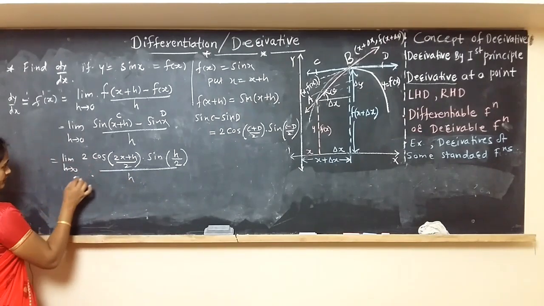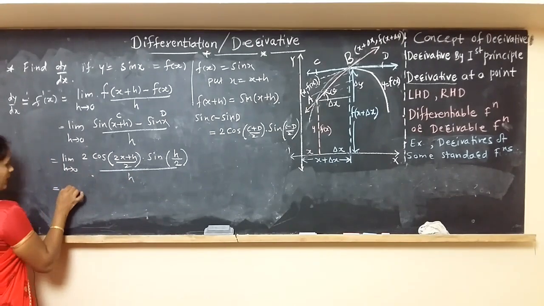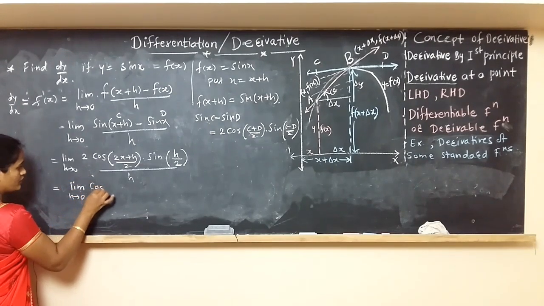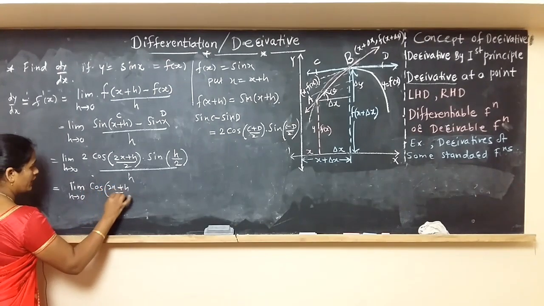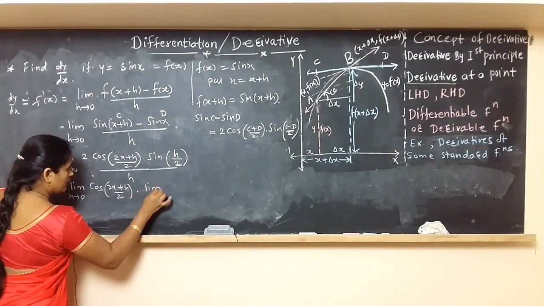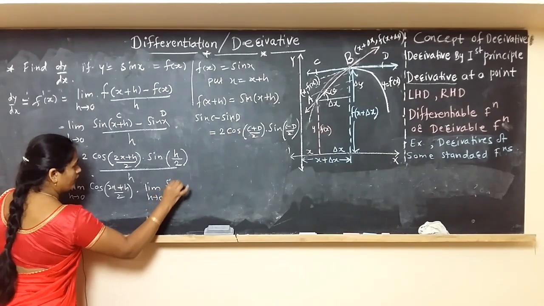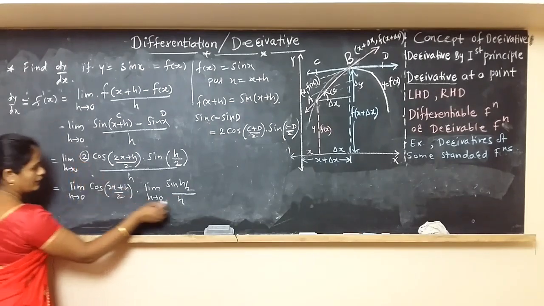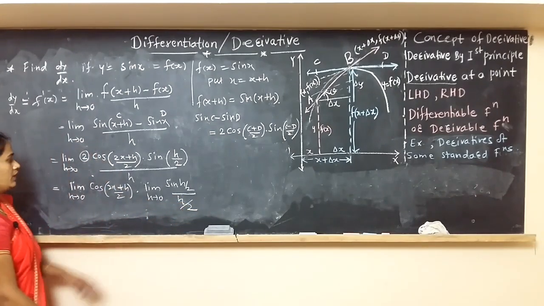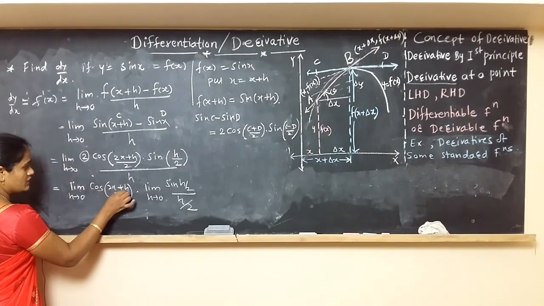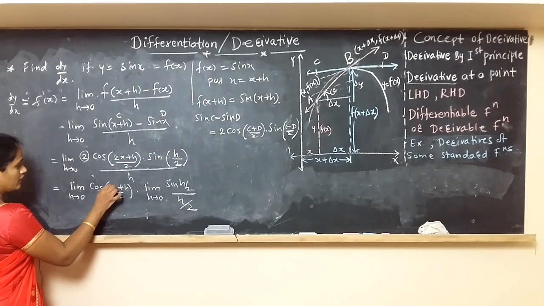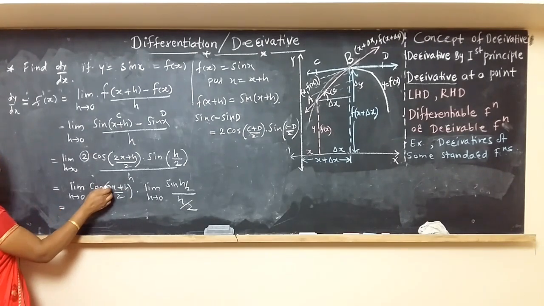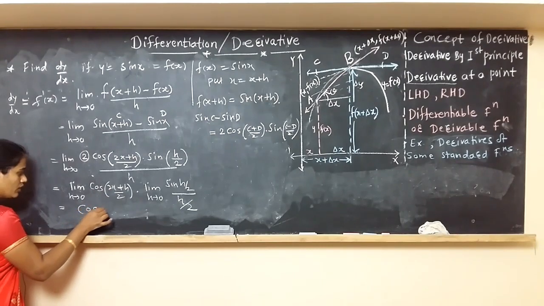So again we take the limit here separately of each term: cos of 2x plus h by 2 into limit h tends to 0 of sine of h by 2 upon h, and this 2 I am going to write in the denominator. Okay. So if we put h as 0 here, this 2x upon 2 becomes x only, and we get only cos x.